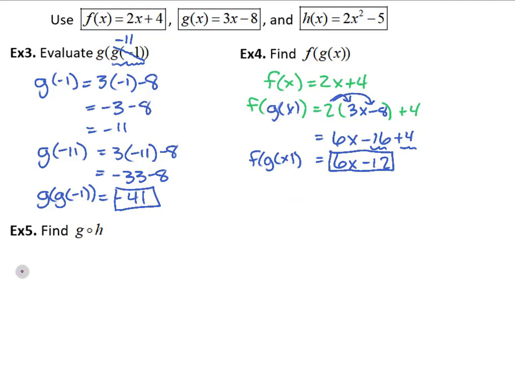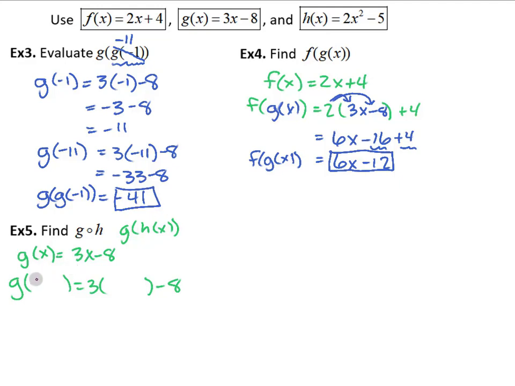Okay, similar here. This time it's using this new notation for us. Find g of h. So remember, this means the same thing as g of h of x. So once again, we're going to start with the outer function, g of x, which is 3x minus 8. And now we're going to plug in h of x into it. So g of h of x will equal 3 times x minus 8.